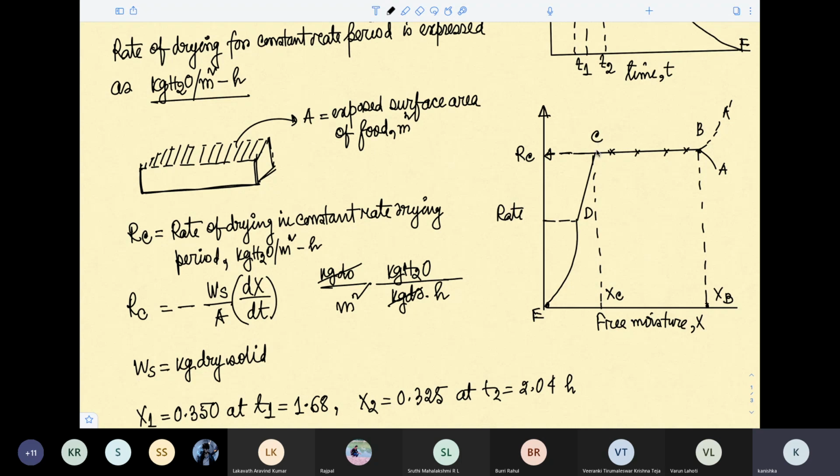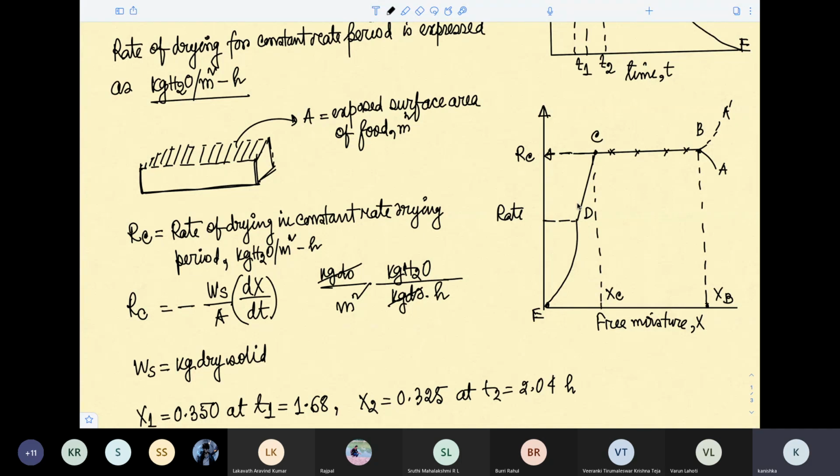So now we have reached point XC. Now how do you tackle from XC to XD? So this is the falling rate period, the fast falling rate region. So that part we have to focus on now. All right. Now how can we do that?